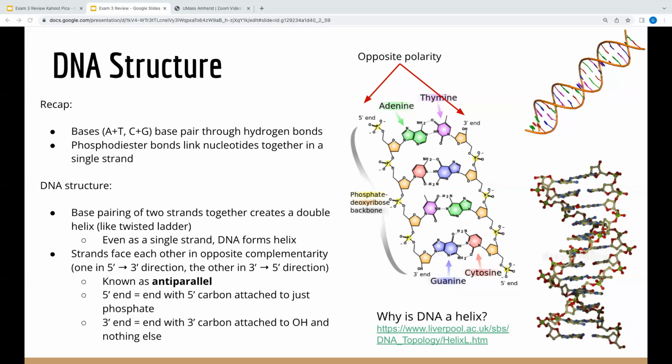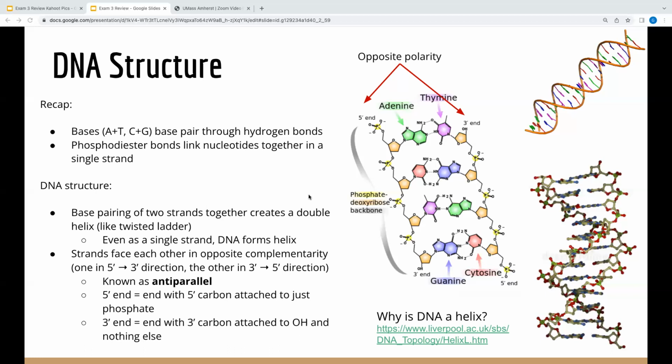They run anti-parallel, which means that they run in opposite directions. The 5' end is the end with the phosphate group, and the 3' end is the end shown where it has the OH on the sugar.